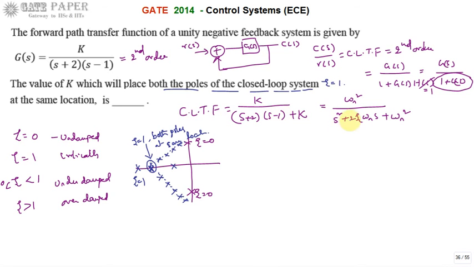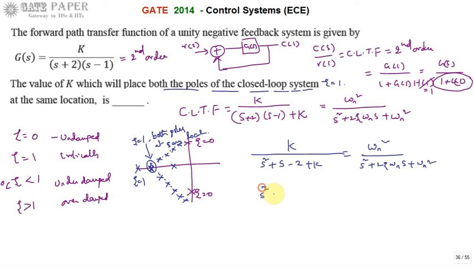This can be simplified further so that the closed loop transfer function denominator becomes s square + 2s - s, so effectively s square + s - 2 + K, equal to omega n square divided by s square + 2 zeta omega n s + omega n square. We are only going for the denominator.